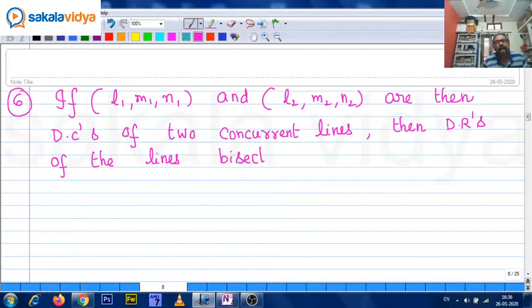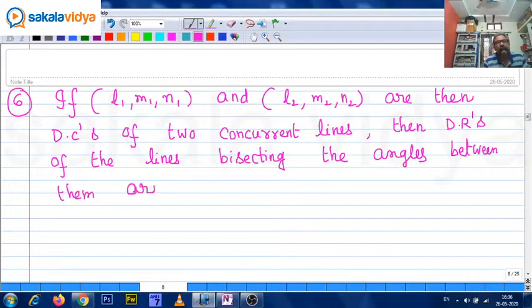bisecting the angles between them are. For example, L1, M1, N1 and L2, M2, N2 are the DCs of two concurrent lines, then DRs of the lines bisecting the angles between them are.